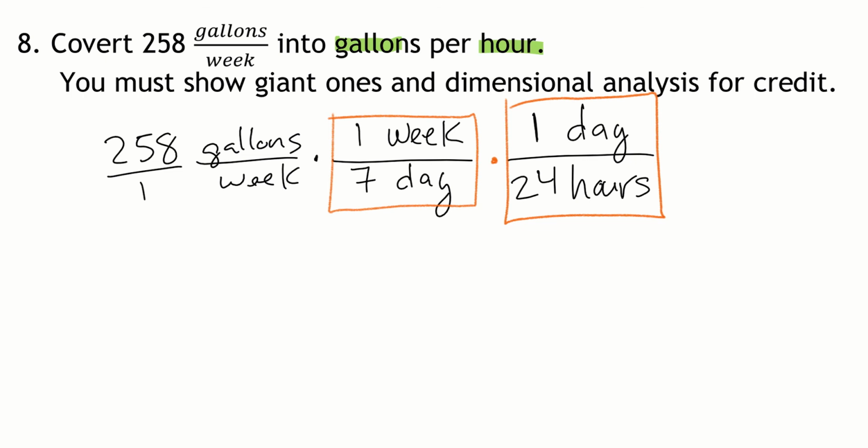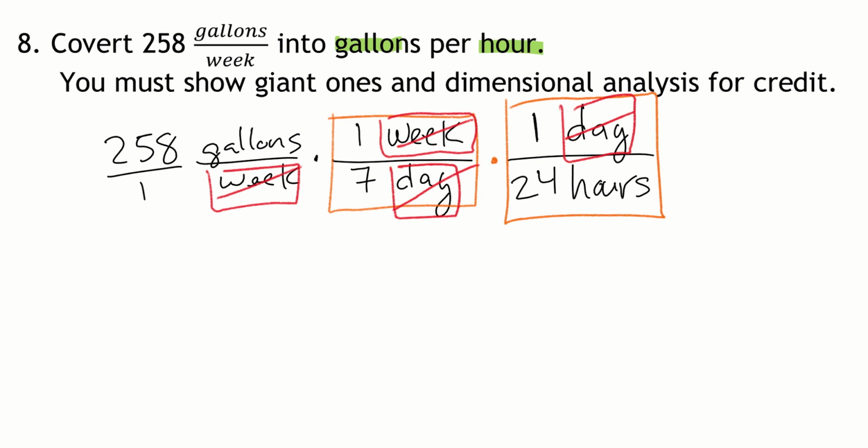But at this point, I want to point out that some good things have happened, right? Just focusing on the units, I've got week in the denominator, week in the numerator. Those are gone. I've got a day in the denominator, a day in the numerator. Those are gone. Those form giant ones themselves.